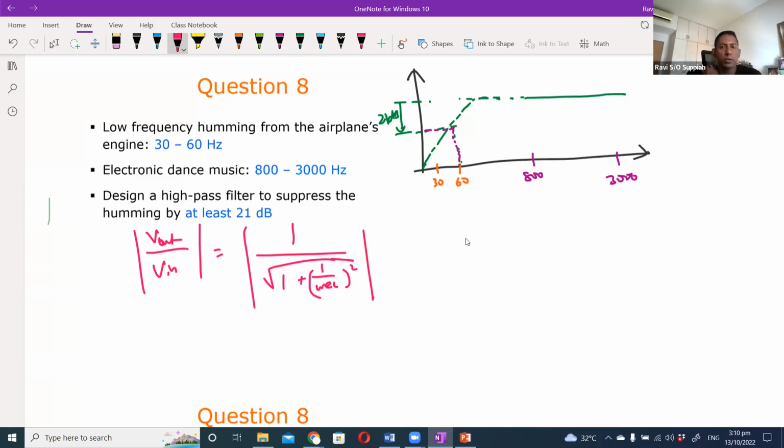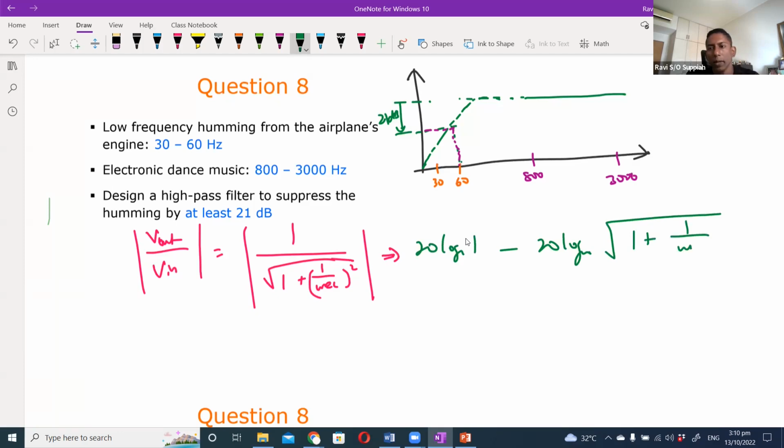Then you can straight away use it. In this case, the high pass filter will be 20 log 1 minus 20 log to the base 10 of the square root of 1 plus (1 over omega RC) squared, and the same thinking applies.